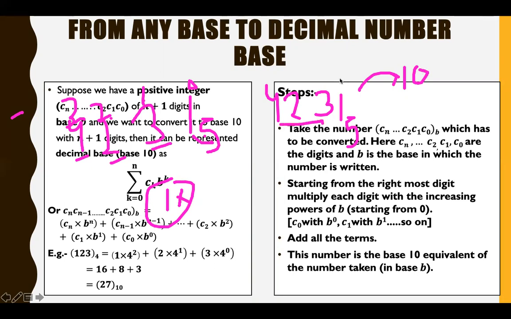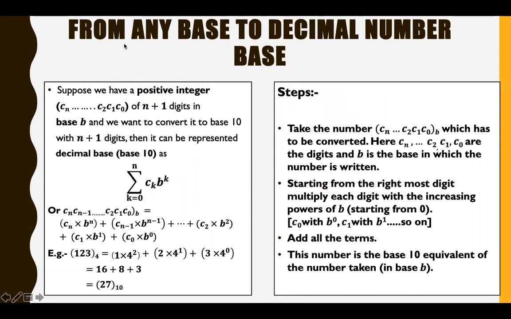So you take 4, 2, 3, 1 and number it accordingly from 0, then 1, then 2, then 3. Now you take 1 into 5 to the power 0, then 3 into 5 to the power 1, and similarly add them. Any confusion in this conversion from any base to base 10?